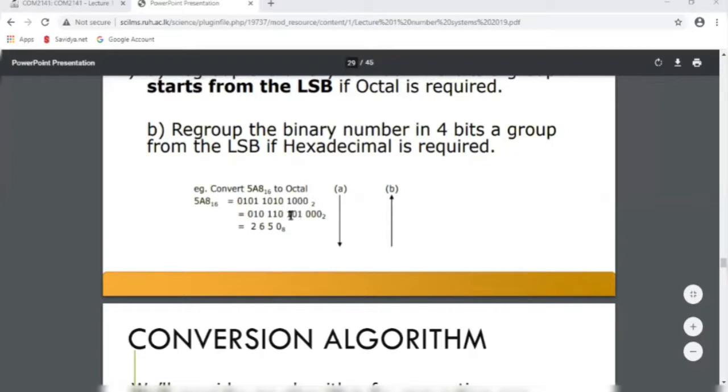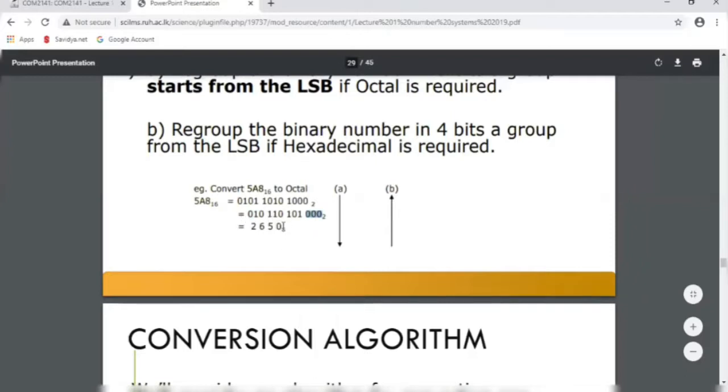This represents 5 in decimal, this represents 6 in decimal, and this represents 2 in decimal. After converting it, what you have got is the number in octal form. With 3 binary digits you can represent only up to 7, so that would not go beyond 7.